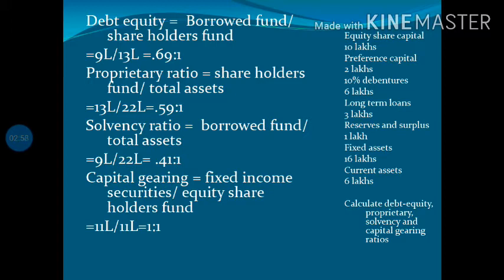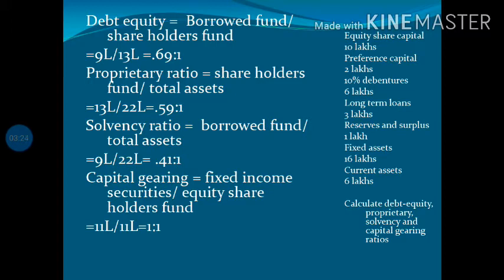Here in this question, which are the borrowed funds? Equity share capital is shareholders fund, preference share capital is a part of shareholders fund, debentures is a part of borrowed fund. So 10% debentures 6 lakhs, long term loan 3 lakhs, this is also borrowed fund. Then reserves and surplus is a part of shareholders fund.